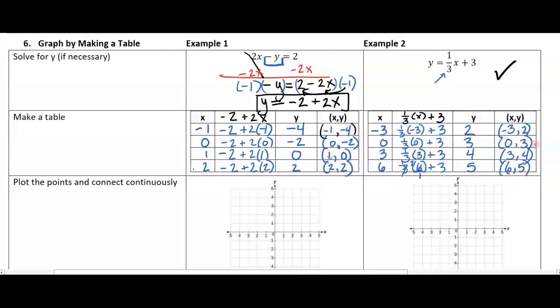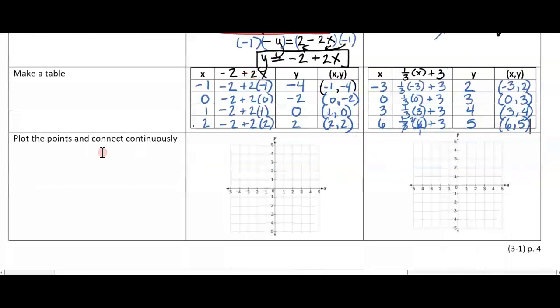So now we have a set of ordered pairs. Linear equations are continuous, so we can plot these points, -1, -4, 0, -2, 1, 0, 2, 2, and then connect them with a continuous straight line.